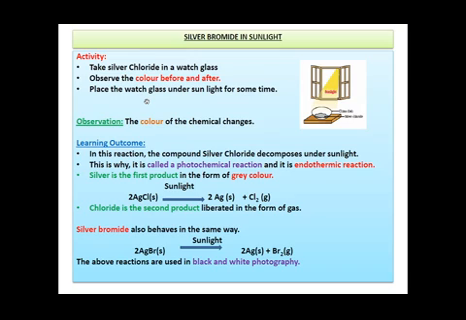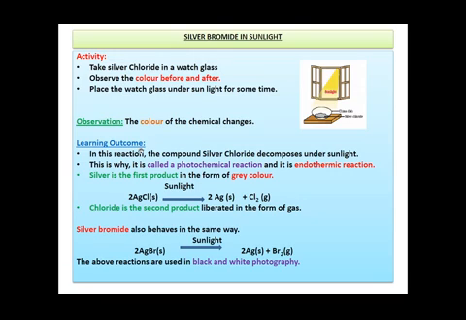So you have to observe the color both before and after some time. Now this watch glass is placed under the sunlight for some time. So the observation is there is a color change which is noticed. There is a color change of silver chloride after some time.